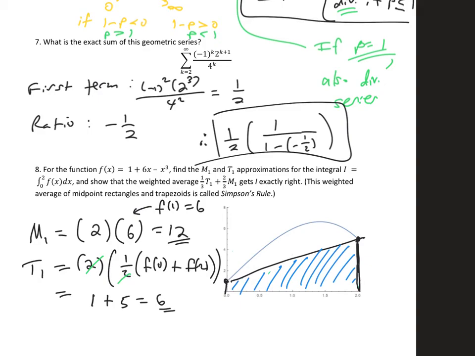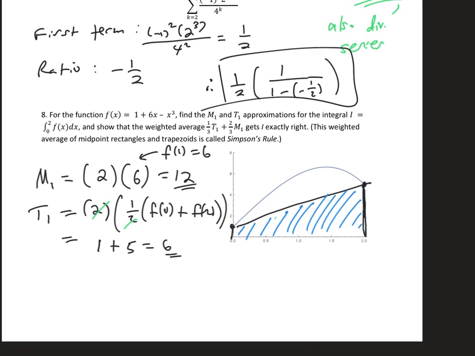Now we believe the midpoint was closer, but the theory tells us that the real answer is actually somewhere in between, and we can find the answer by just doing the weighted average of the two. So I'm going to do a weighted average where I put twice as much stock in the midpoint estimate as I do in the trapezoid estimate.